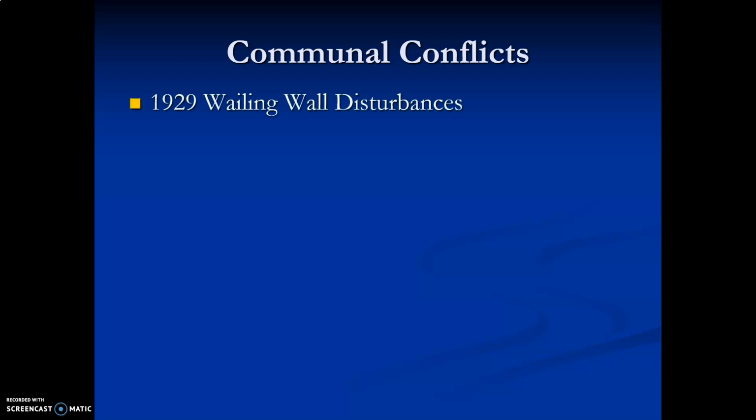In 1929, you had a significant event called the Wailing Wall disturbances. This was a dispute over access to the remains of the temple in Jerusalem, known as the Wailing Wall. You might have seen this before. Jews would go there to pray outside the wall, and they still do.